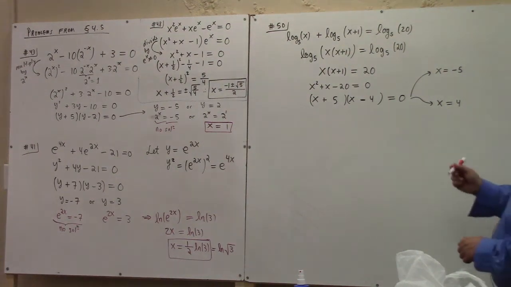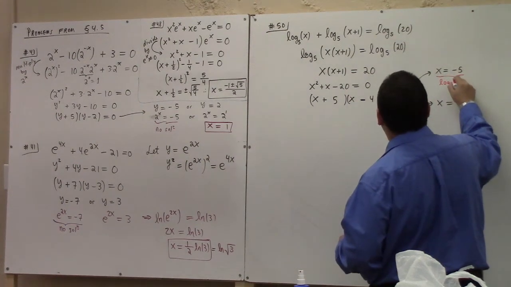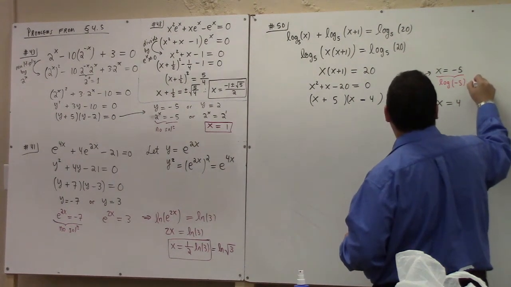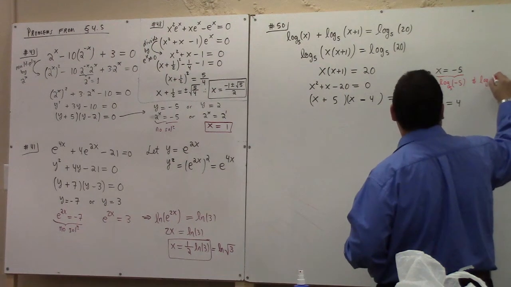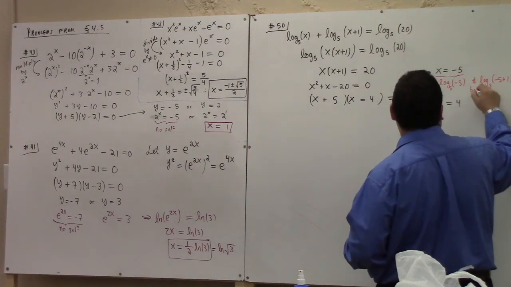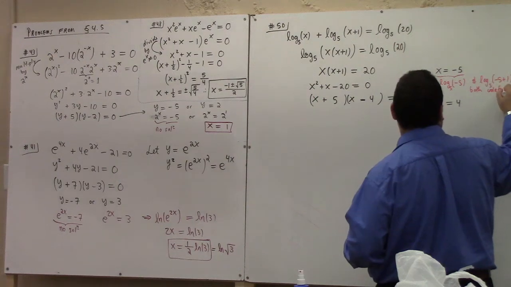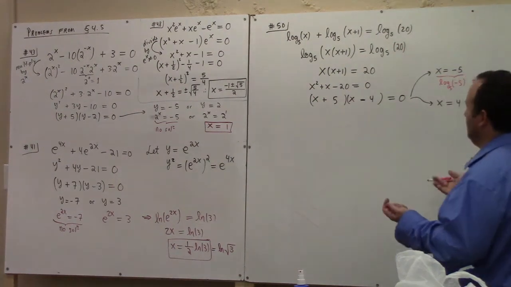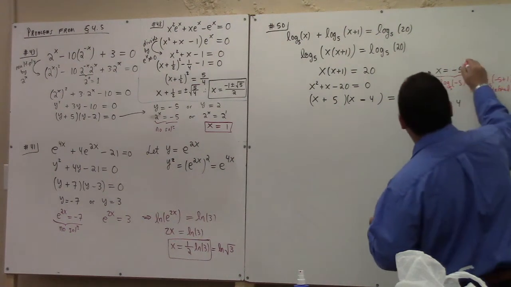That's the thing, if we go back to the original problem, we notice that log base 5 of minus 5 and also log base 5 of minus 5 plus 1 are both undefined, right? In other words, x equals minus 5 is outside the domain of the original equation. So x equal to minus 5 is an extraneous solution, so we can say this one doesn't count.